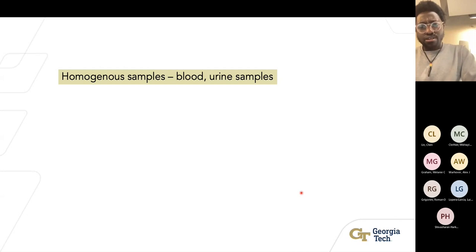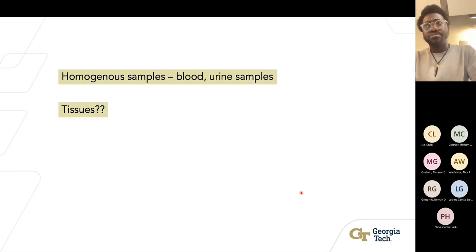We have looked at kidney cancer detection using urine samples, kidney cancer staging using urine samples, and ovarian cancer in a mouse model using blood samples. Next, I talked about urine sample datasets to discriminate between male and female, but these are all homogeneous samples.